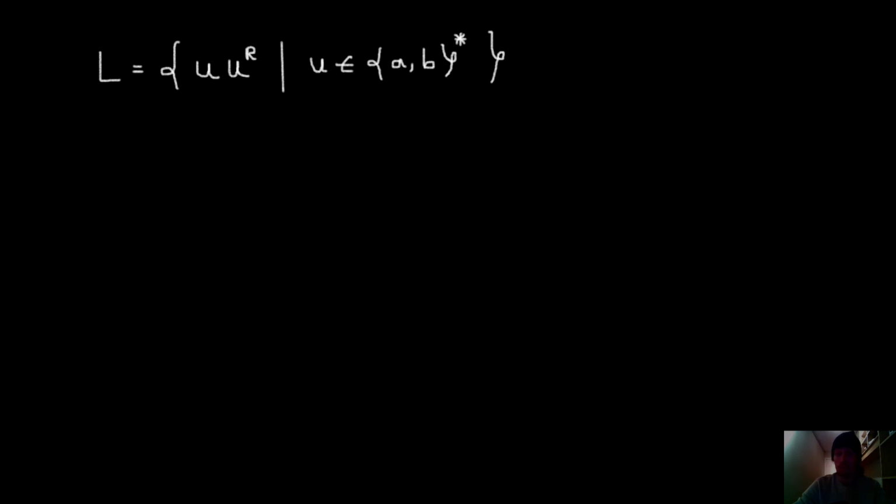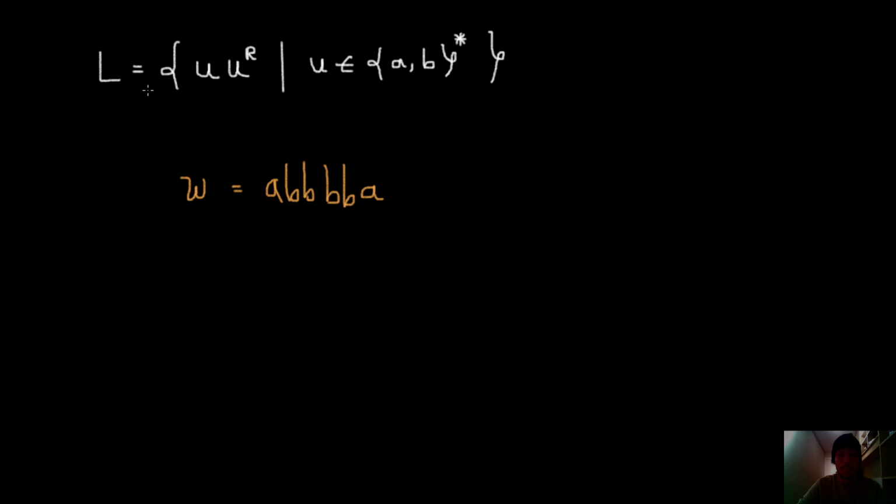So for instance, if I have the word W, equal to the word ABBBBA, then this word is a palindrome because it is the same if we read it backwards as forwards. If we read it forwards, we read A, B, B, B, B, A, and also if we read it backwards, we read A, B, B, B, B, A, right?